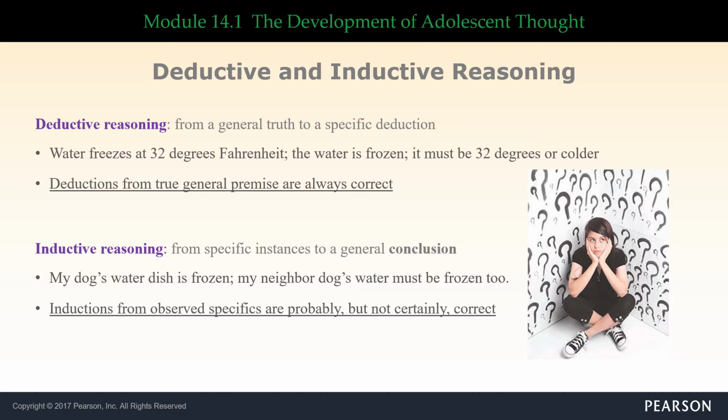Inductive reasoning comes from specific instances to a general conclusion. So my dog's water is frozen, so I might induce then that my neighbor's dog water must be frozen too. Inductions from observed specifics are probably, but not certainly, correct. And so the neighbor may have a heated water dish, and so their dog's water may not be frozen.